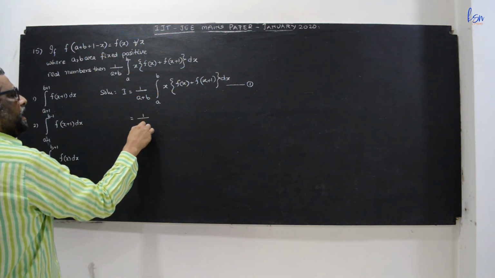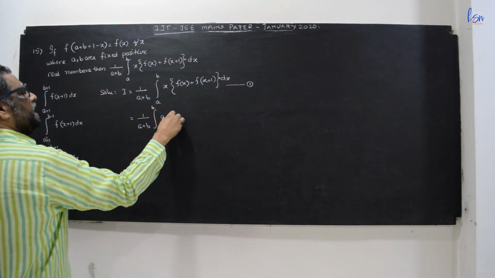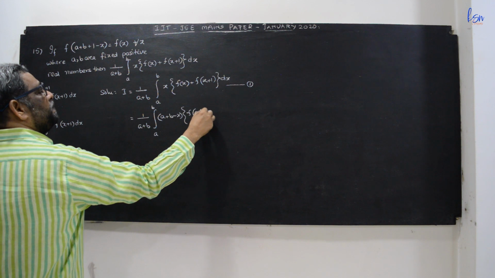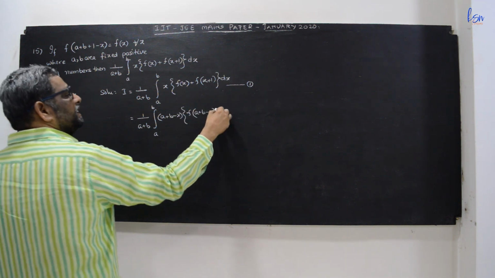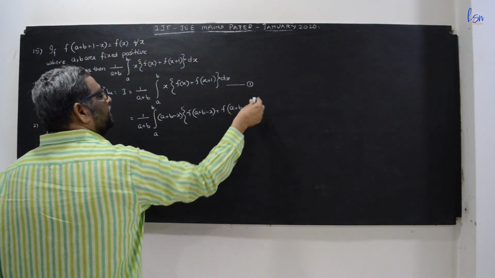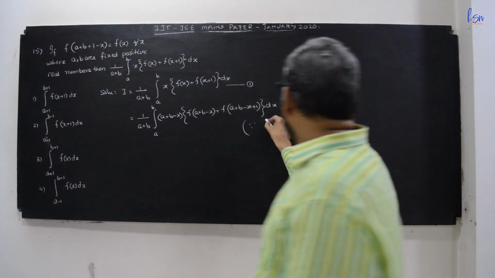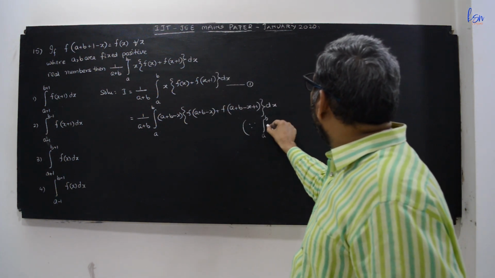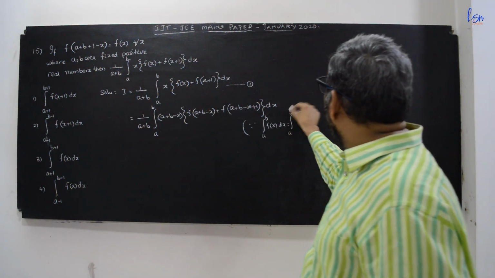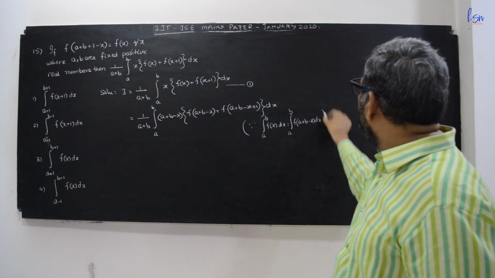We apply this: 1 by (a plus b) integral a to b, this is (a plus b minus x) into (f of (a plus b minus x) plus f of (a plus b minus x plus 1)) dx, since integral a to b f of x dx can be taken as integral a to b f of (a plus b minus x) dx using this formula.